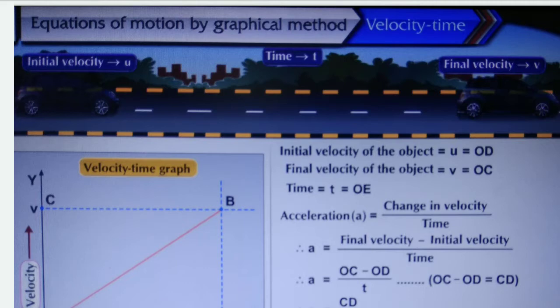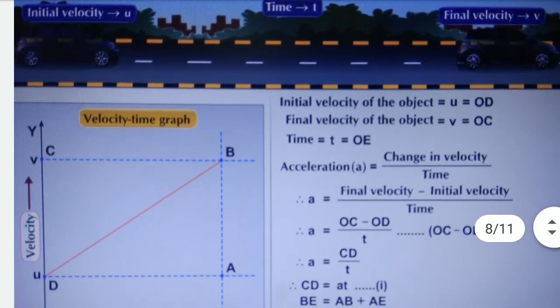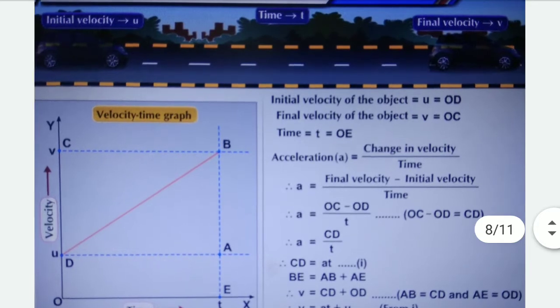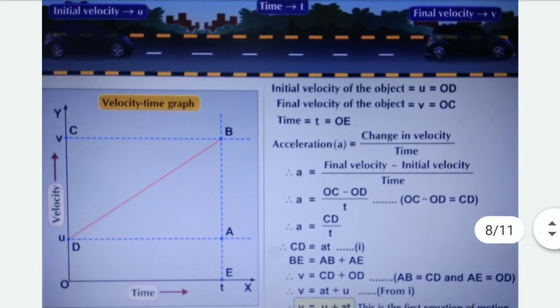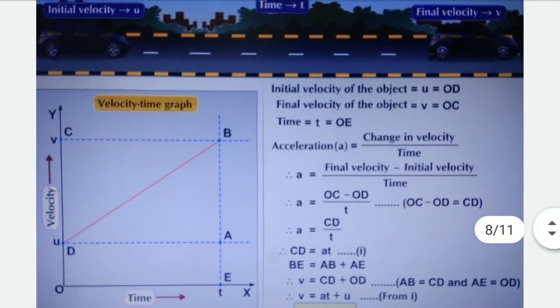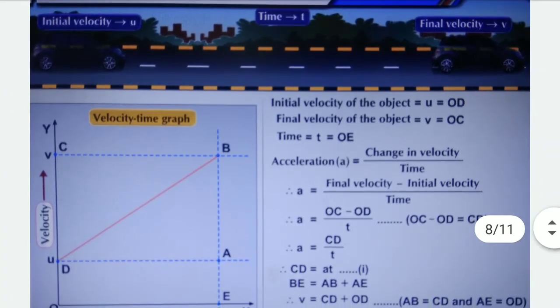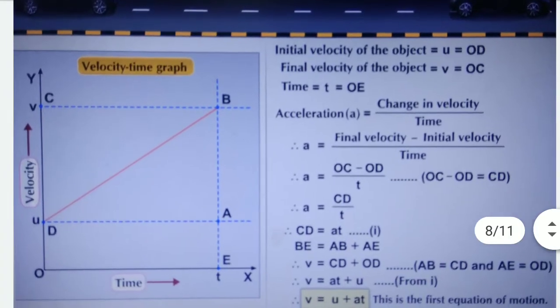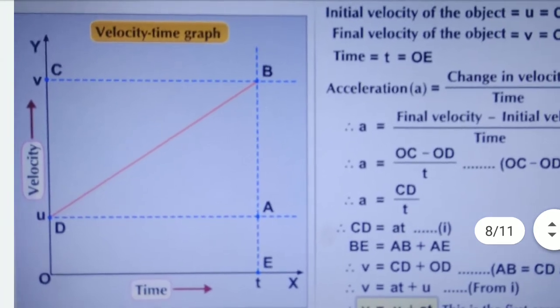First, the relation between velocity and time. Observe the velocity-time graph which is given in this slide.